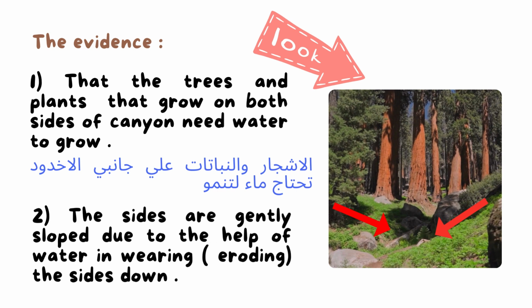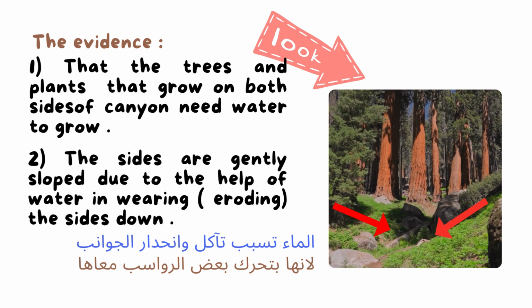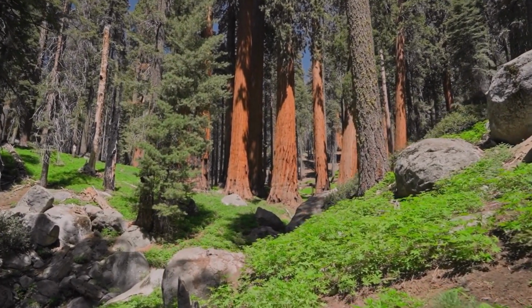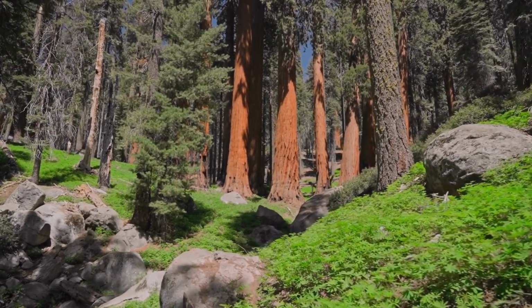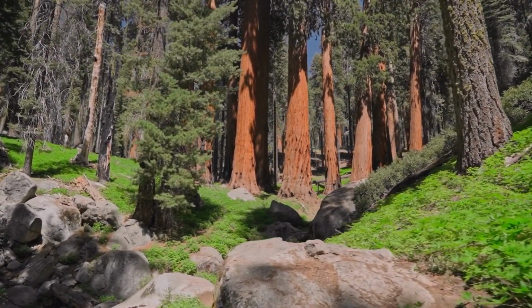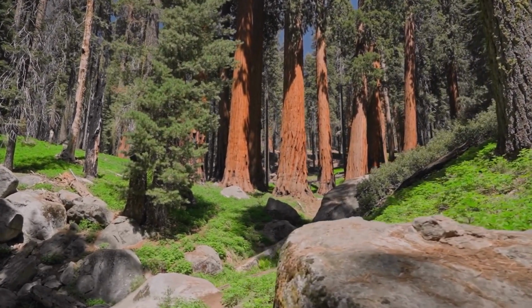So the sides are gently sloped, as you see here with the red arrows, due to the erosion by water. So the trees and plants need water to grow, and the sides are gently sloped due to what? The flowing of water, and the erosion by the flowing water.